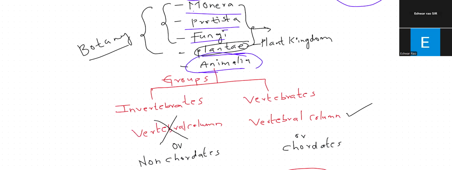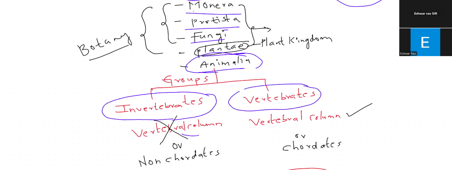One is called invertebrates, where the vertebral column is absent. And the other group is vertebrates, where the vertebral column is present. Based on the presence and absence of notochord, they are also given other names. When notochord is absent, it is called non-chordates.